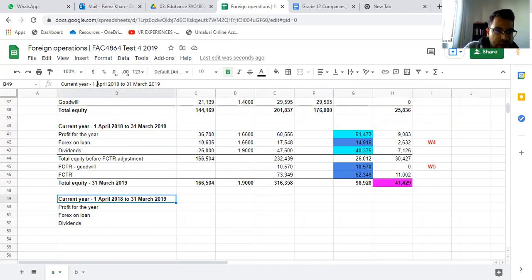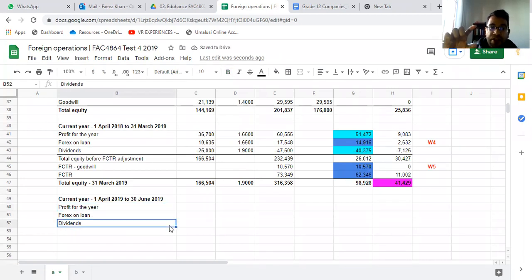The new current year is going to be 1 April 2019 until 30th June. So we're just going to work through that. Remember what's happening for those 3 months, April, May, June. We're going to bring in the profit for those 3 months only. Then we're going to deal with the Forex for those 3 months only. And then we just have to have a look if there are any dividends.